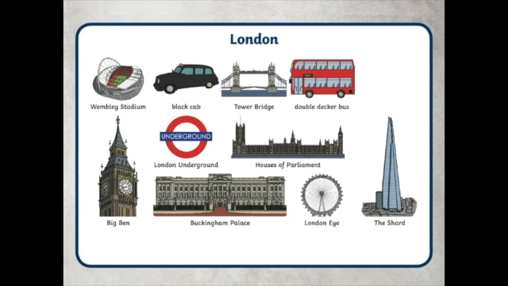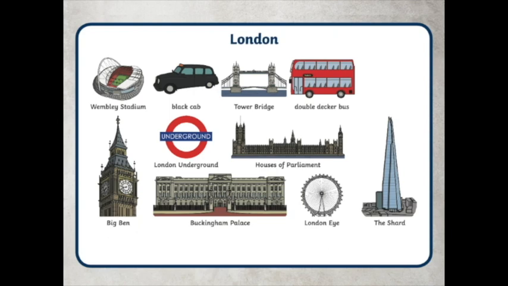Some people like to visit Tower Bridge, riding a double-decker bus, visiting Big Ben, visiting Buckingham Palace. The London Eye is a big Ferris wheel that some people like to go on, and they can see amazing views all across London. The Shard is a big tall building made of glass.